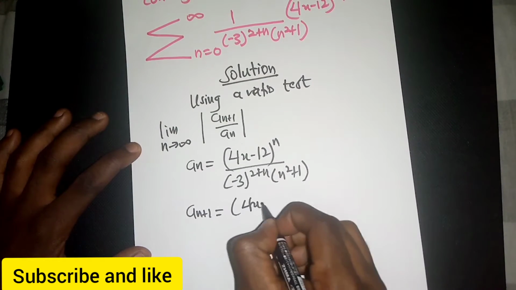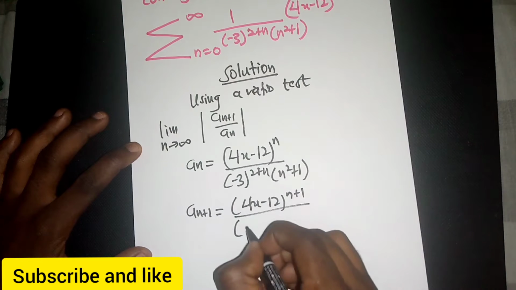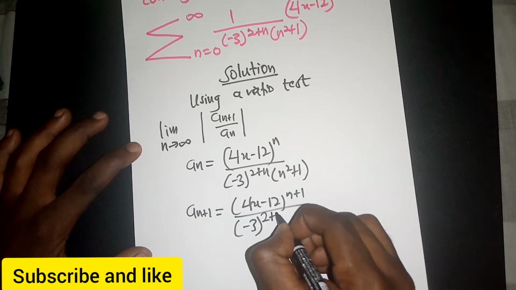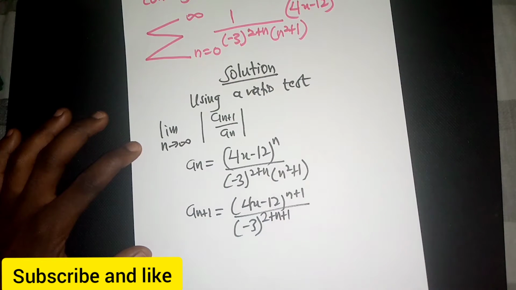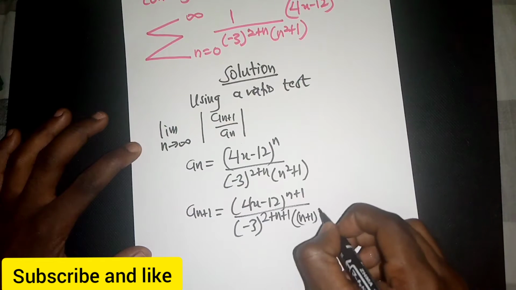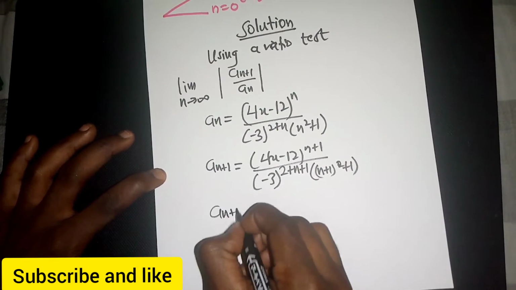So we have (4x minus 12) to the power n plus 1, divided by (minus 3) to the power (2 plus n plus 1), then also (n plus 1) squared, plus 1. Let's simplify that.